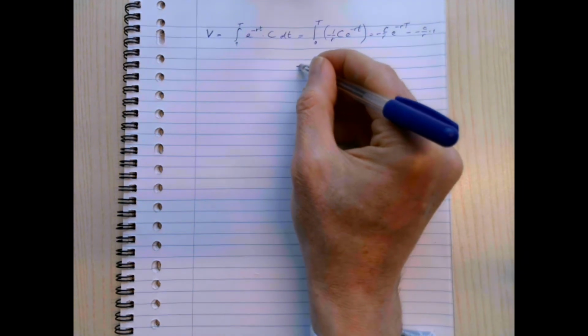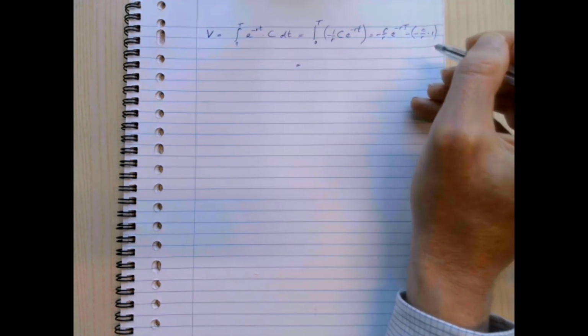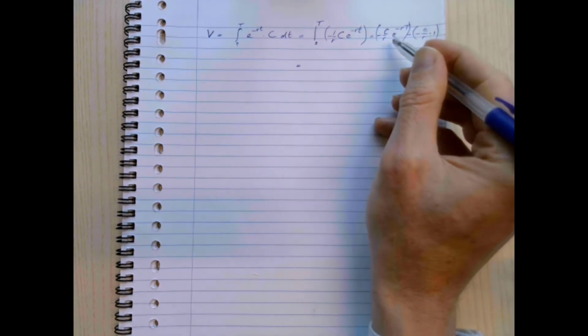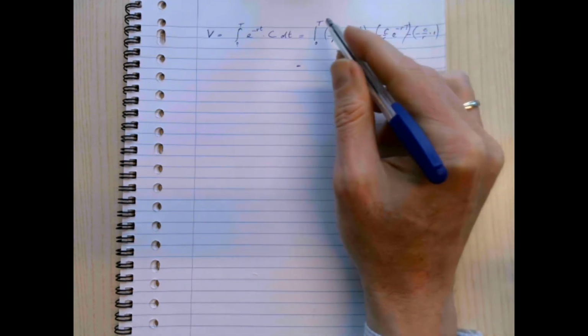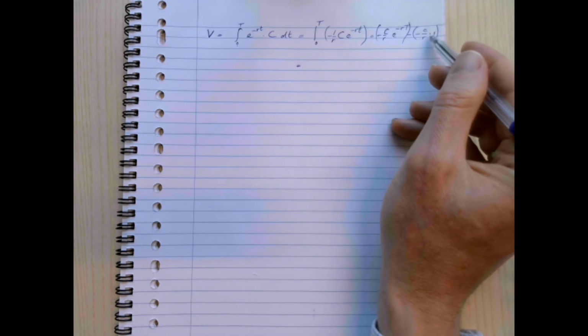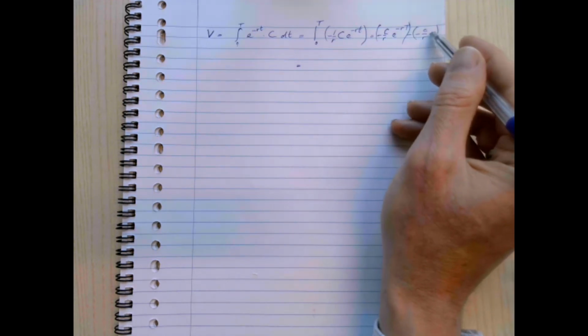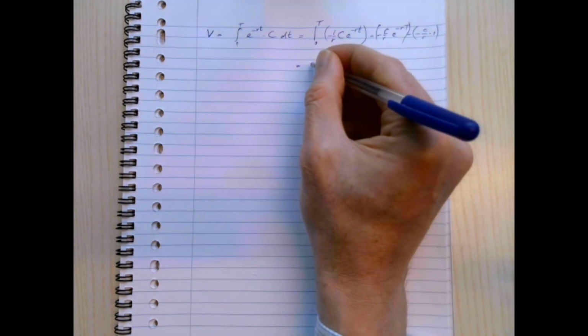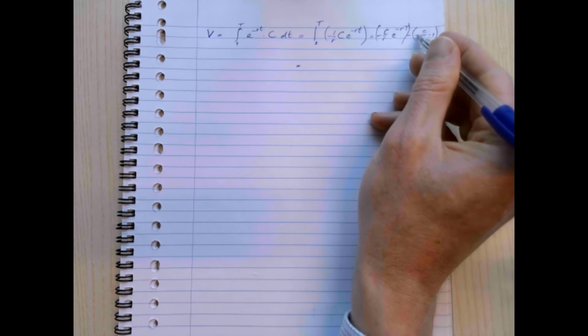So how much is that? Brackets around this just to make things clear. This first bit is the indefinite integral evaluated at capital T. The second bit is the indefinite integral evaluated at little t equals 0, and I'm subtracting that from the first bit. So how much is that? The minus times the minus gives a plus.